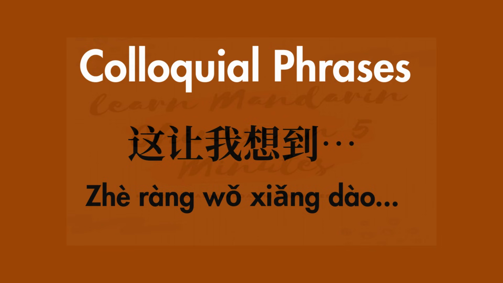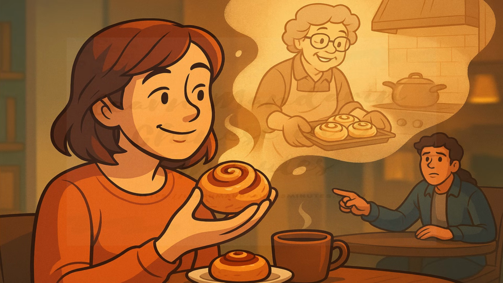The actual meaning is this reminds me of or this makes me think of. This is your go to phrase when something someone says or does triggers a memory or a related idea. It's exactly like saying, that reminds me in English.